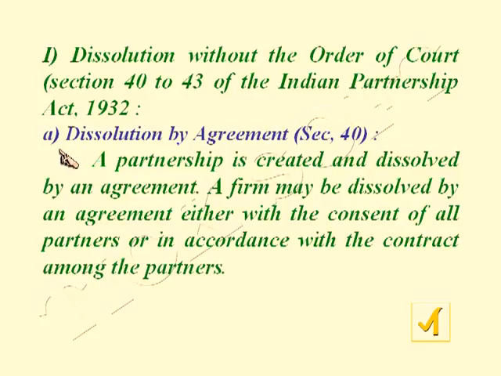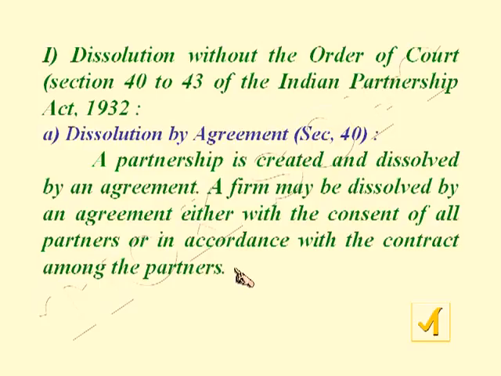A. Dissolution by agreement, this is section 40. A partnership is created and dissolved by an agreement, that means through a deed. A firm may be dissolved by an agreement either with the consent of all partners or in accordance with the contract among the partners.